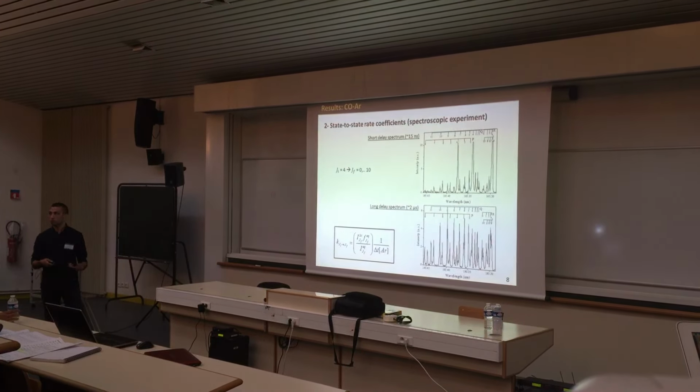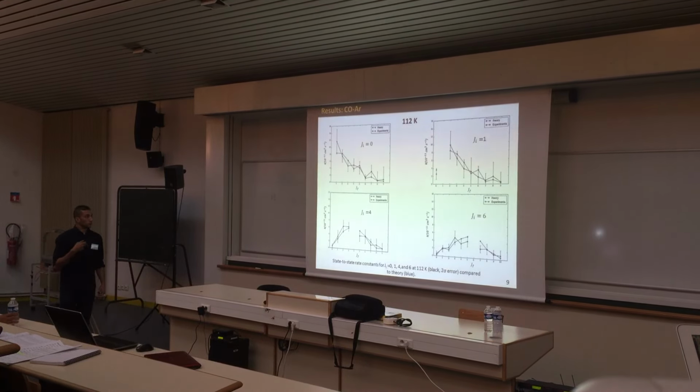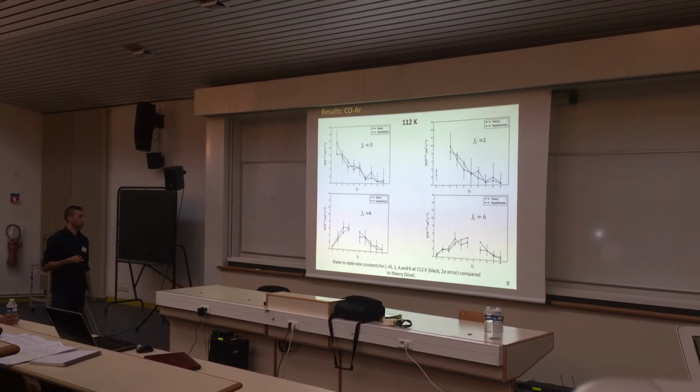Here are some typical results of state-to-state rate coefficients of CO-argon at 112 Kelvin, for four initial rotational states, J equals 0, 1, 4, and 6. Let's take the example of J equal 4.